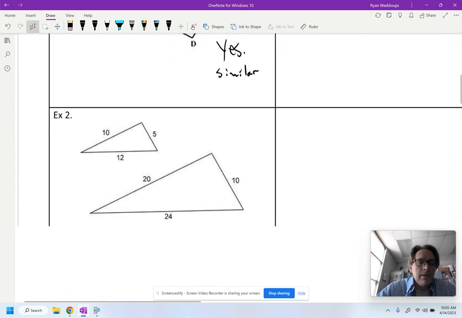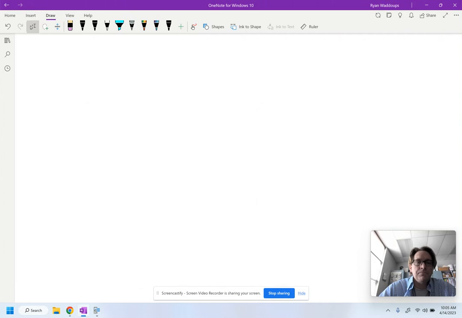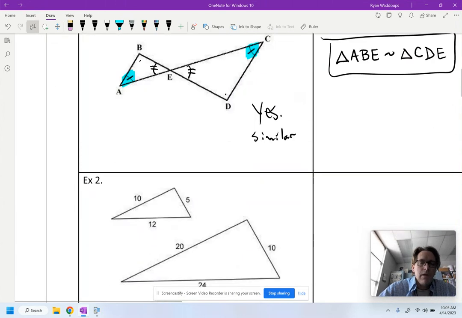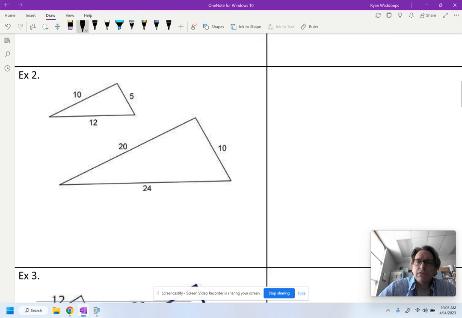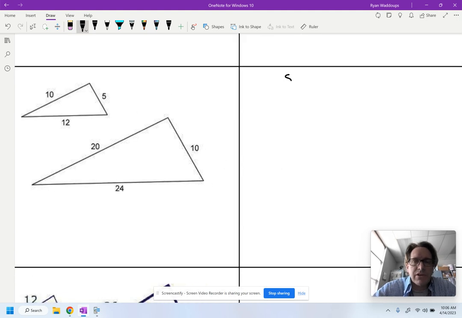All right. For example 2, another way of knowing if triangles are similar is if their sides are proportional. And so I'm going to compare the short side. Here's this small triangle and large triangle.